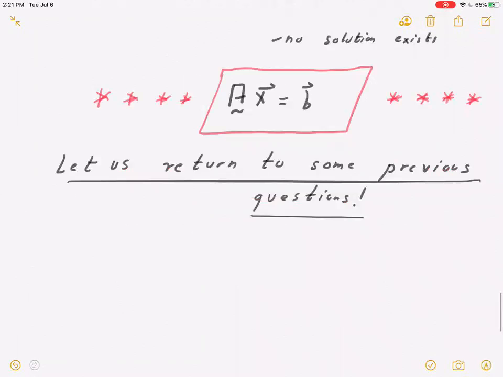Okay, so question number 1 that we're going to return to is, why do we use our rule for matrix multiplication?